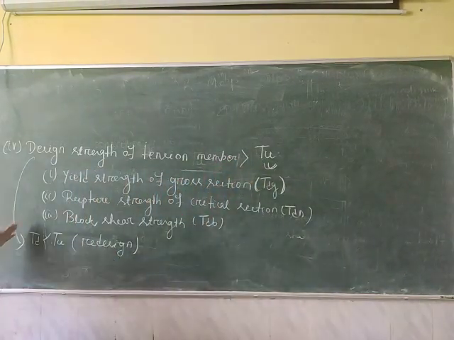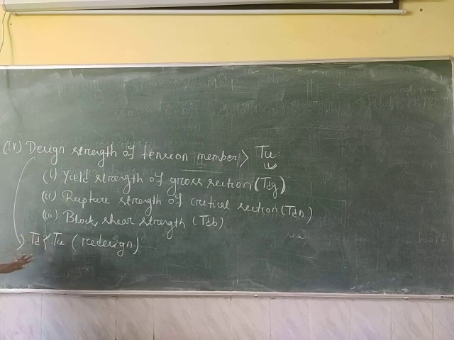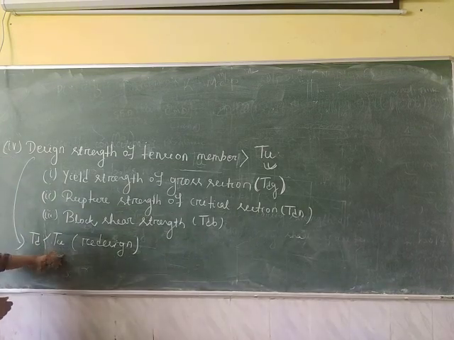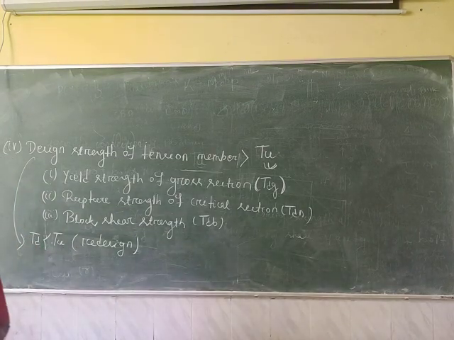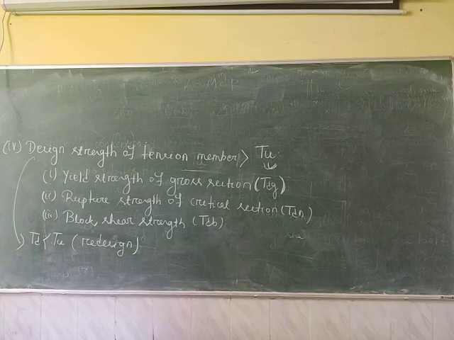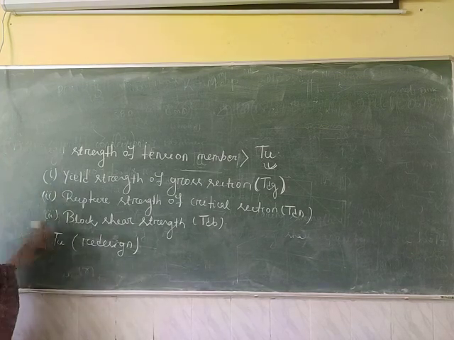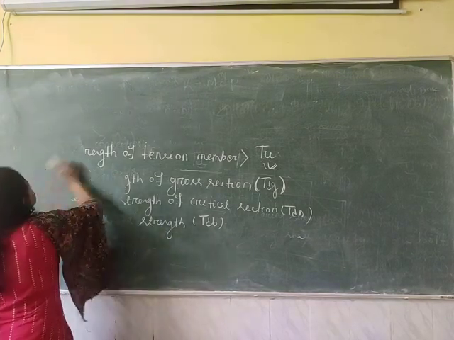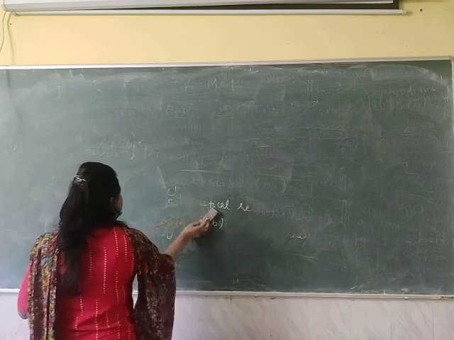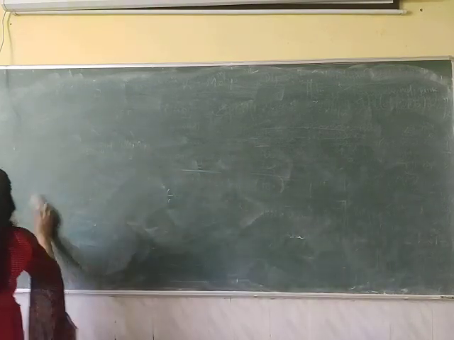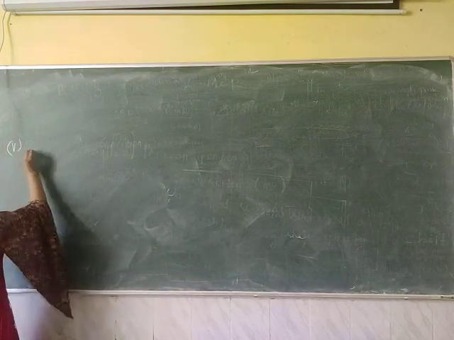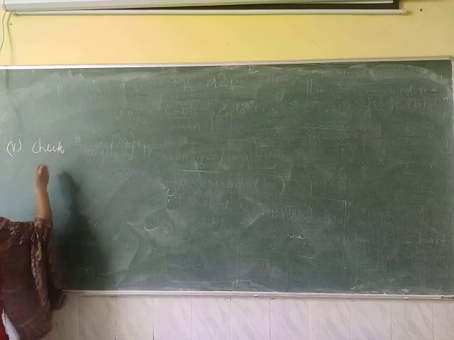So, if the design strength of the tension member is coming less than that of this external applied load, then we have to redesign. That means we have to choose another section from the steel table. Okay. Then in the last step, check the slenderness ratio value.